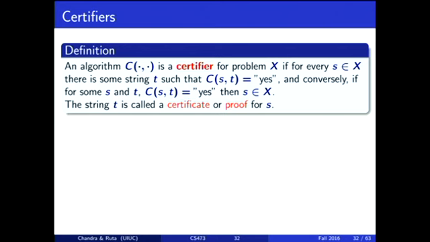So a problem is in NP if there is a polynomial time algorithm with the property that for every yes instance, there is a proof of not too long length that can convince that verifier. Moreover, if the formula is not satisfiable, whatever you give, the verifier won't be satisfied. Otherwise, it's dumb, right?